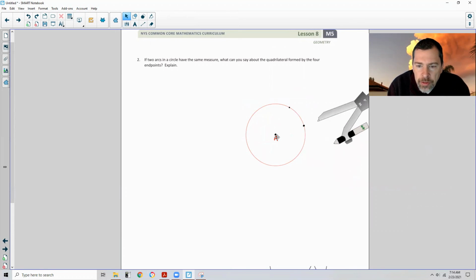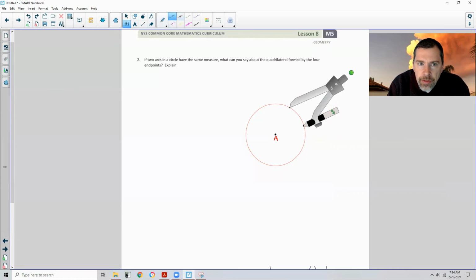Draw a circle centered at A, put 2 points on the circle somewhere. Put your compass point or stylus on 1 point, open it to the other one, and I'm going to make a teeny little mark right there. Then if I put another dot somewhere, it doesn't matter, how about right here?